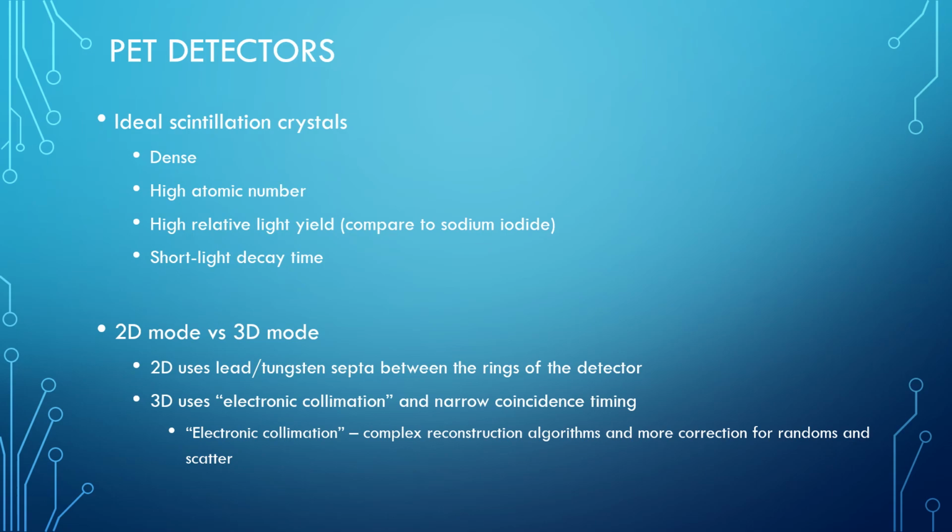And then 3D uses electronic collimation, which means there really isn't any collimator at all, not a physical one, but it will have a very narrow coincidence timing window. The electronic collimation is a complex reconstruction algorithm, and it allows for a little bit more correction for randoms and scatter to make sure that the photons that are detected are the annihilation photons.